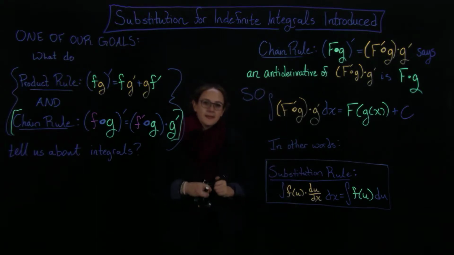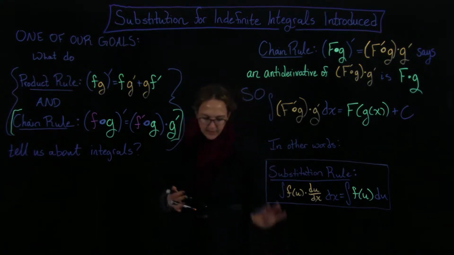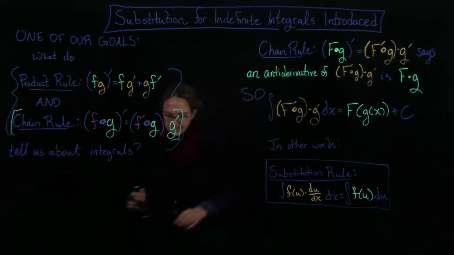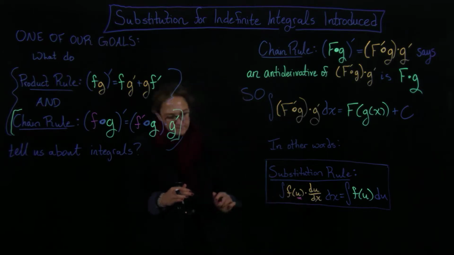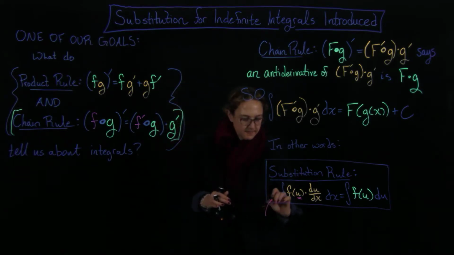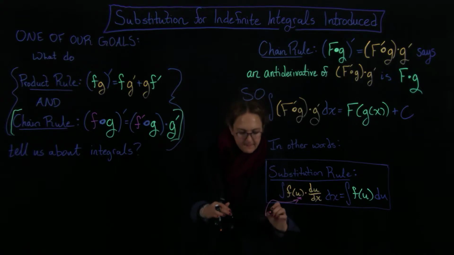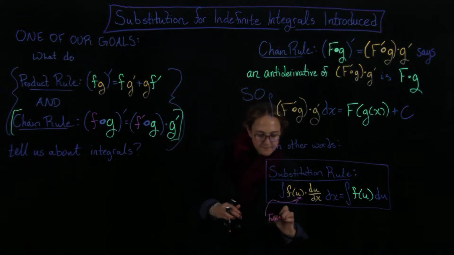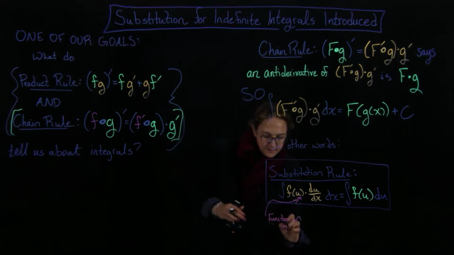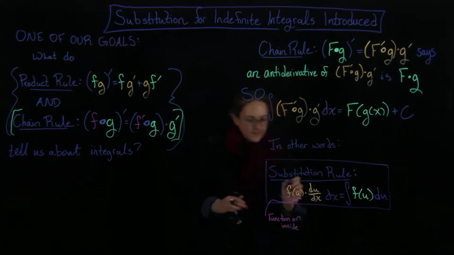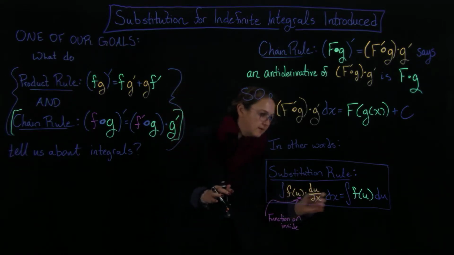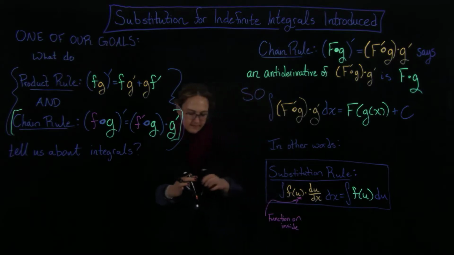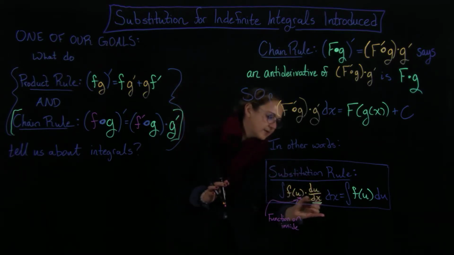Okay, and how do we identify this? You're going to see in here the function on the inside, and then you're going to see next door to it its derivative. I know this is a repeat color of that, but we're just going to deal with that because I only have so many colors.